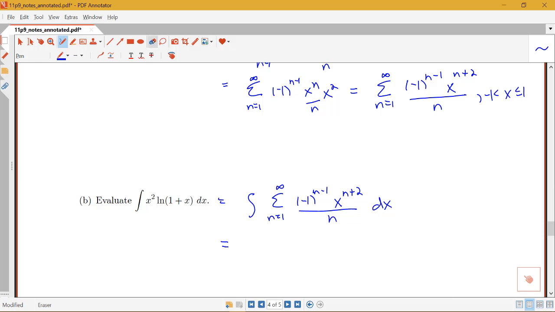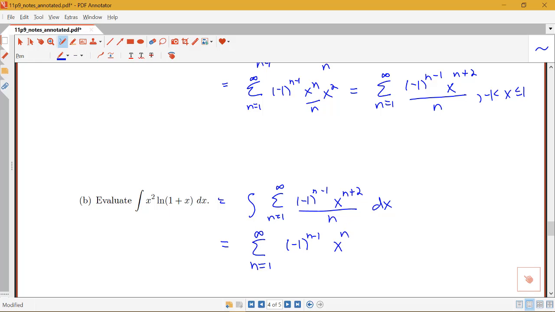It's really nice to take integrals of power series because we're just integrating essentially really long polynomials, and polynomials have really nice antiderivative rules. So here I'm going to have my sum from n equals 1 to infinity. The negative 1 to the n minus 1 part stays the same, that's just a constant.